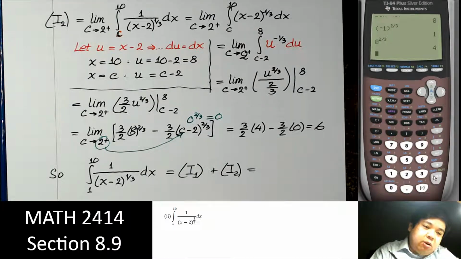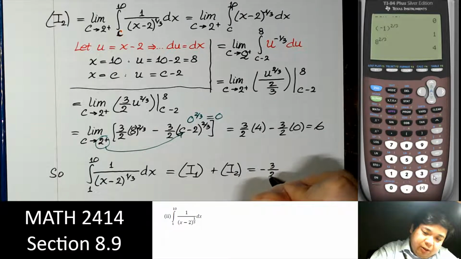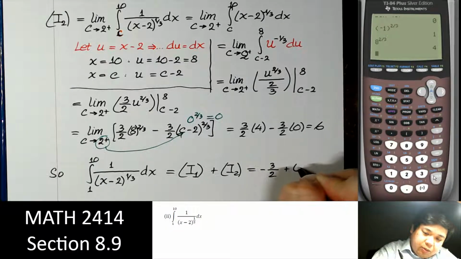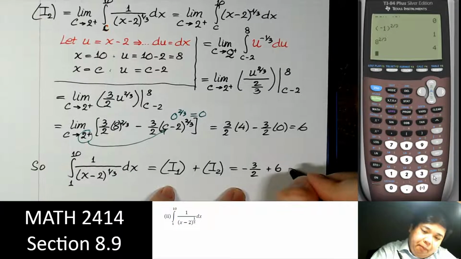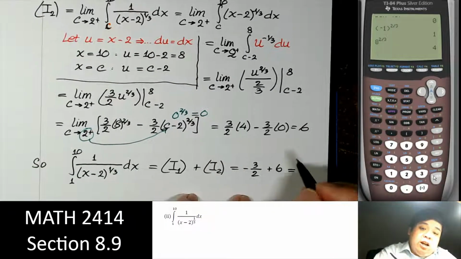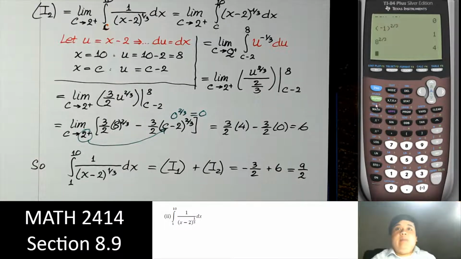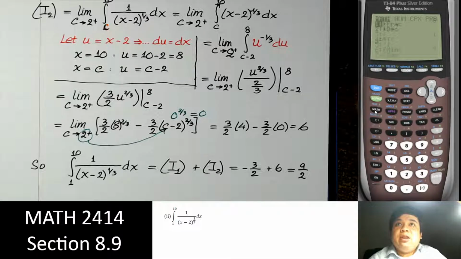The first integral is negative 3/2 plus 6. So negative 3/2 plus 6 is 9/2. I'm curious to see if the calculator can do this.